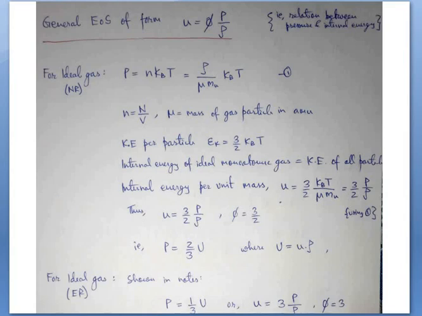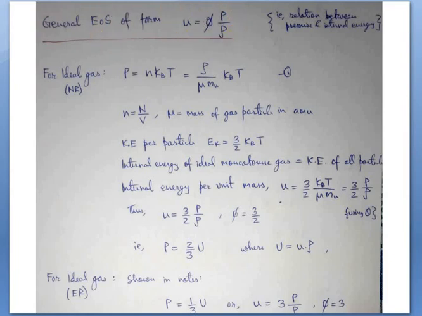So we write P as a function of density, temperature, composition. These are true for stellar matter.